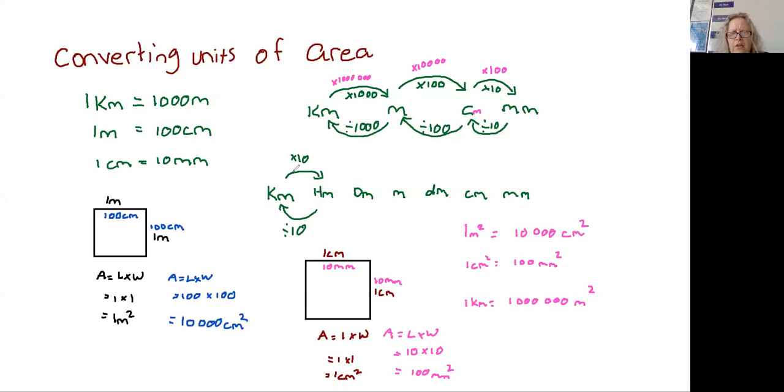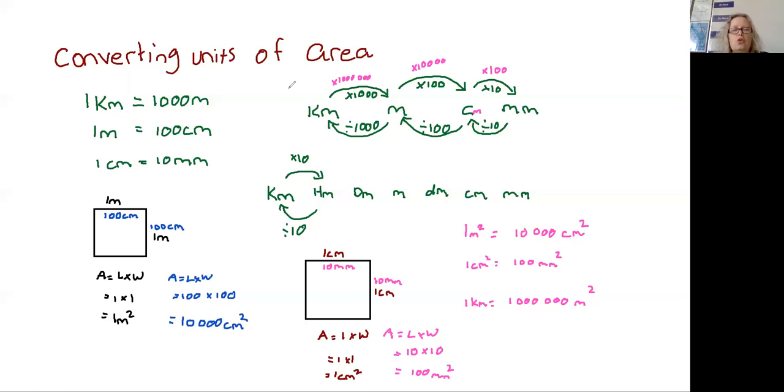The way I think of it is I move the decimal point 2 places every time I move forward when the units are squared. So I would go from square kilometres to square metres, times 100, times 100, times 100.